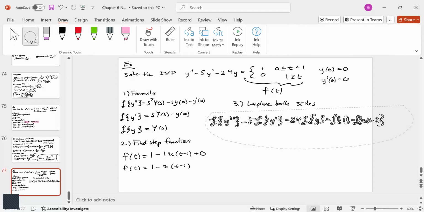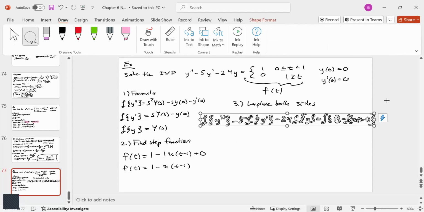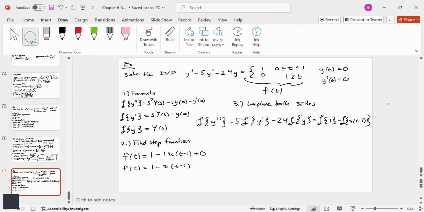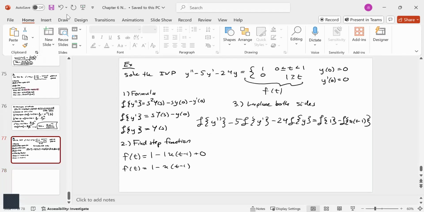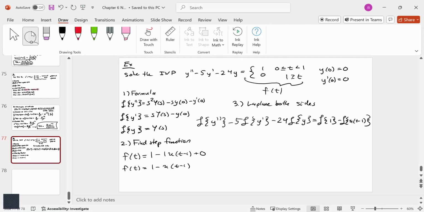So we're going to have to take all of those Laplaces. And then step 4, in fact, I might just move that over to the next slide since it kind of looks like it's way too much there anyways.